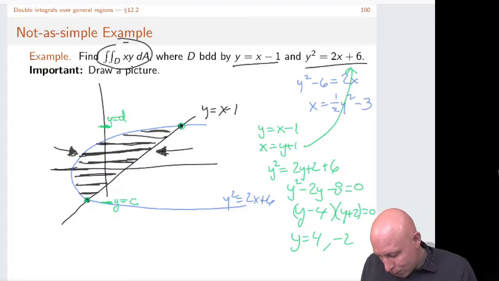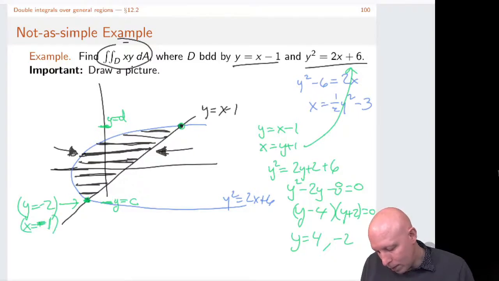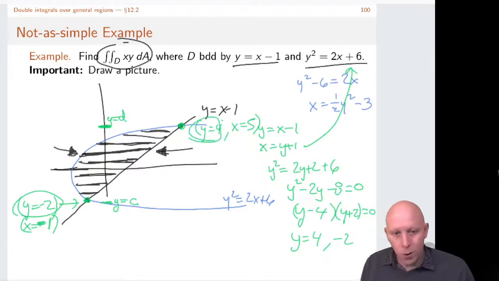That's saying that this point right here is at y is equal to negative 2, and that means x is equal to negative 1. And this point right here corresponds to y equals 4, and so x is equal to 5. But we care mostly about y equals negative 2 and y equals 4.